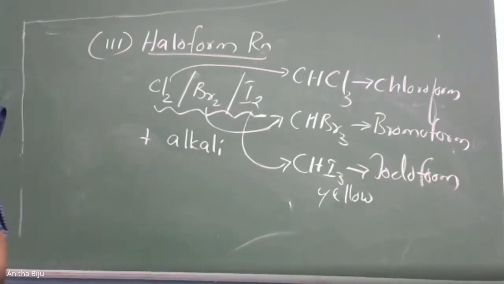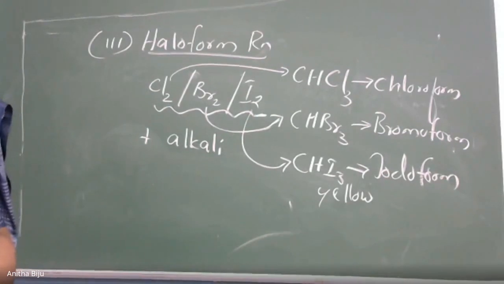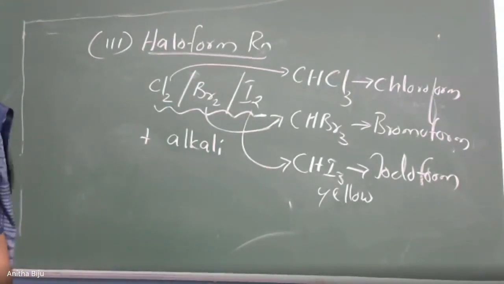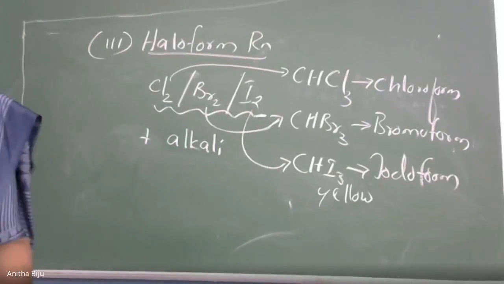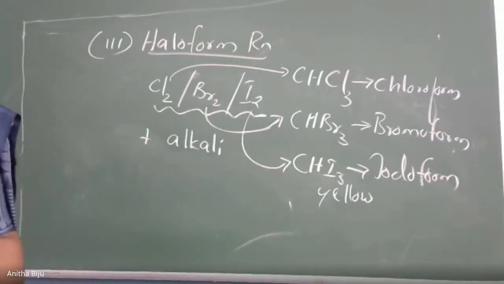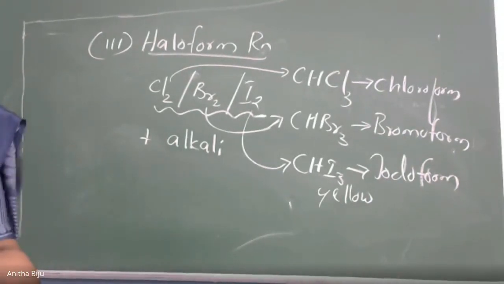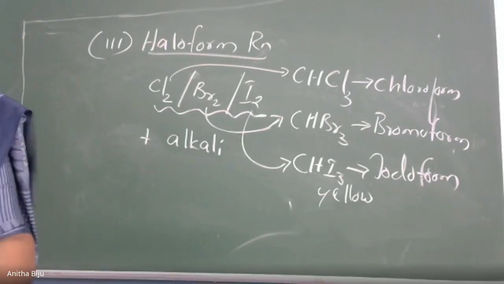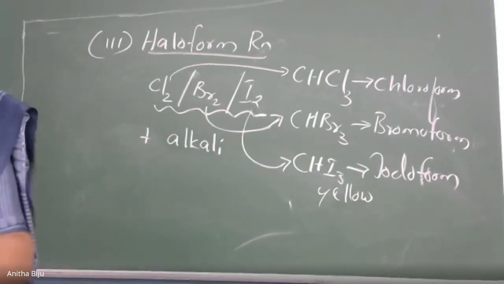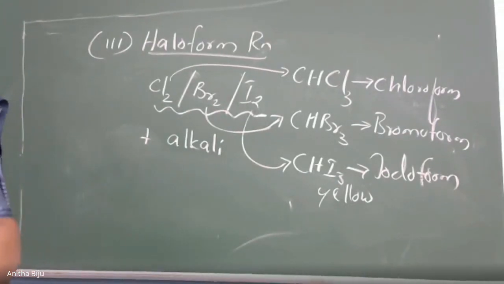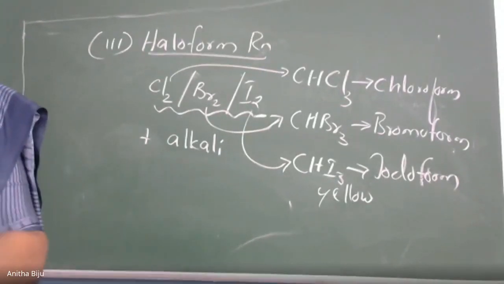Aldehydes or ketones with a ketomethyl group react with halogen in presence of alkali, resulting in the formation of the sodium salt of the corresponding carboxylic acid and a haloform with the characteristic physical property.